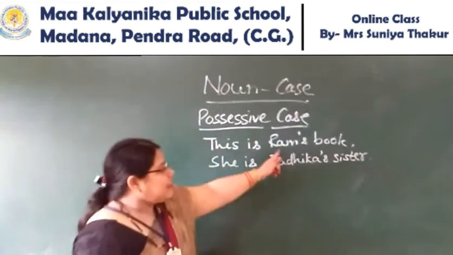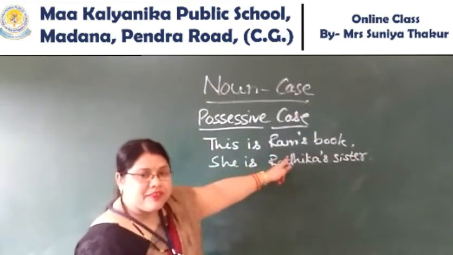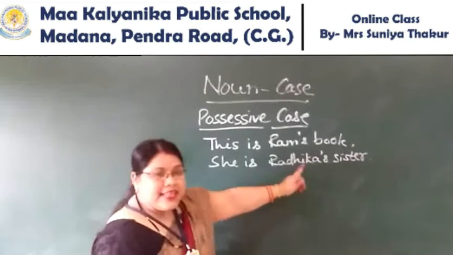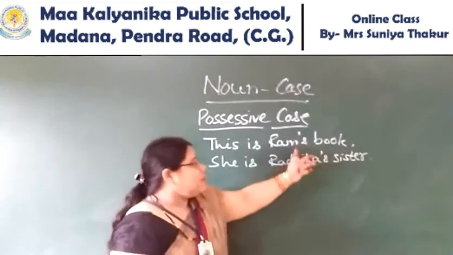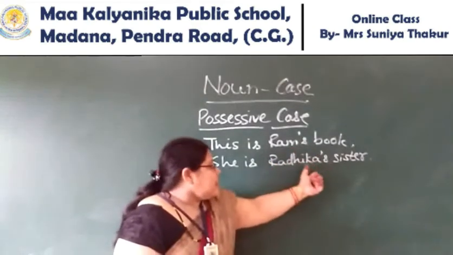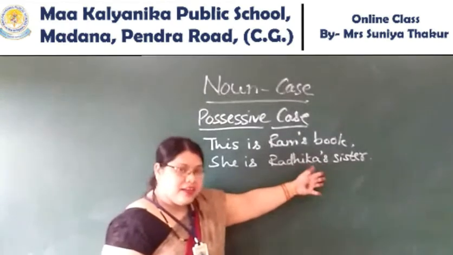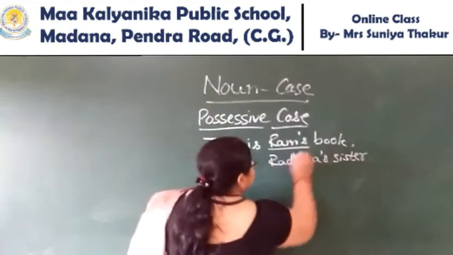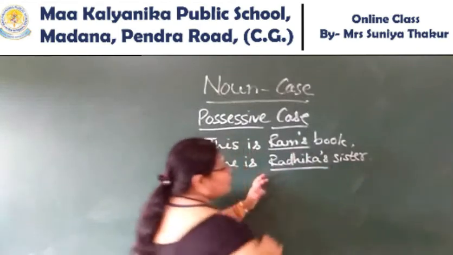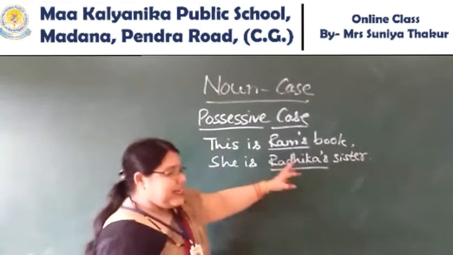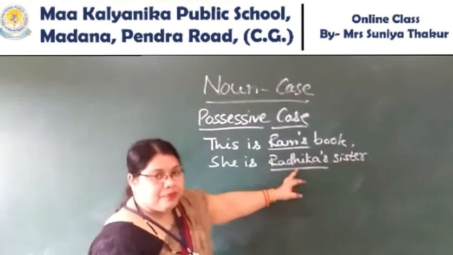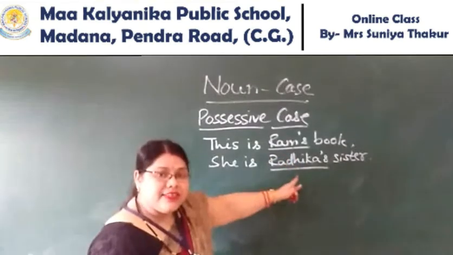Students, look at this example. Here I have used apostrophe s with Ram and Radhika. That book is Ram's and she is Radhika's sister. Understood? So I am putting an underline here. This is your possessive case. They are standing as the possession. That's why it is called the possessive case.